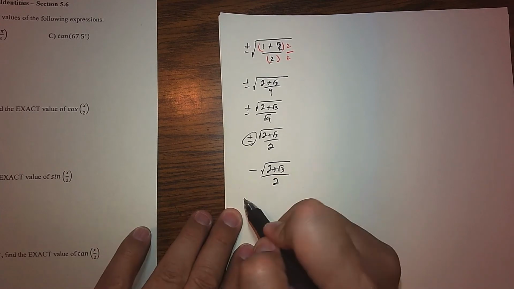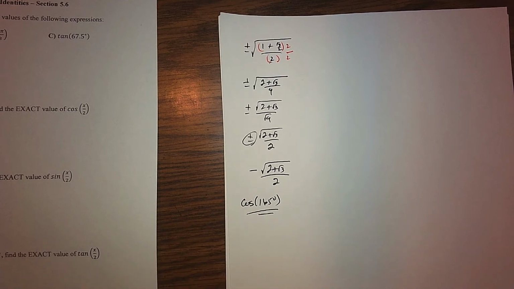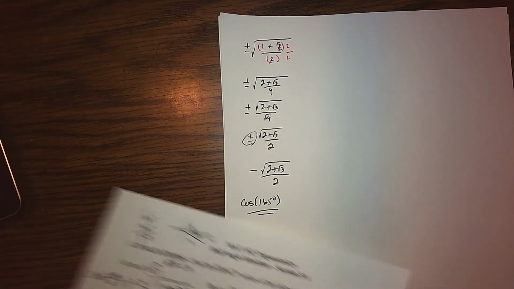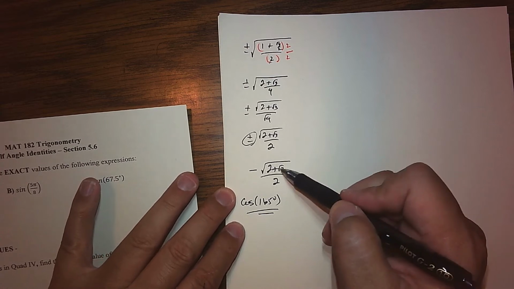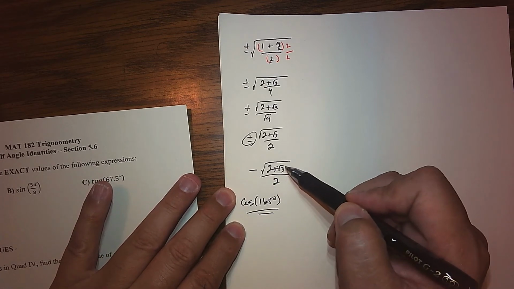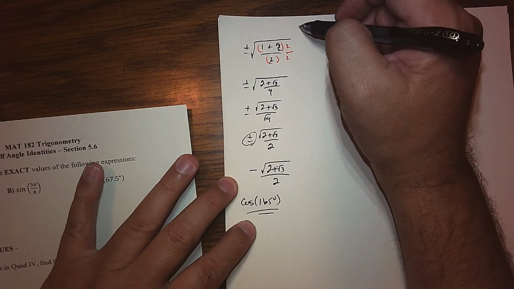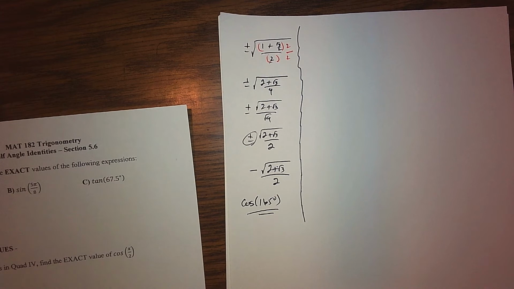There would be our exact value of the cosine of 165 degrees. Unfortunately, there's no way to simplify this radical because we're summing, and you can't break up a radical over a sum. Some of you have been doing that, and I keep marking you wrong, and hopefully we've learned by this time, because that's our exact answer. We have a radical within a radical, so pretty crazy.